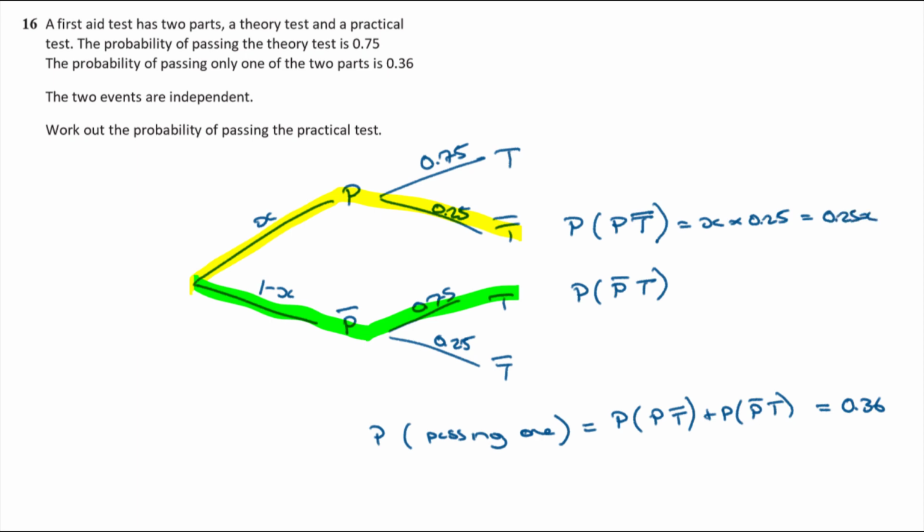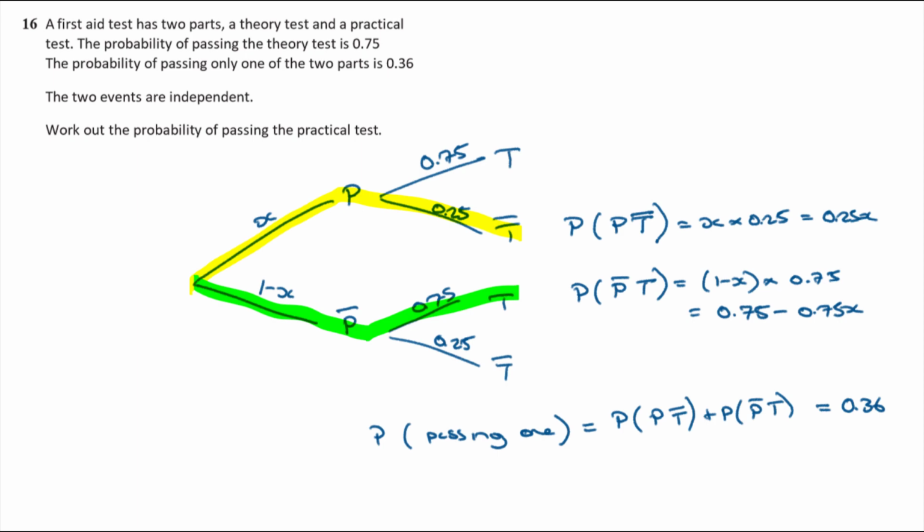And then the probability of not passing the practical and then passing the theory is going to be 1 minus x times 0.75, which would be 0.75 minus 0.75x, multiplying out the bracket.